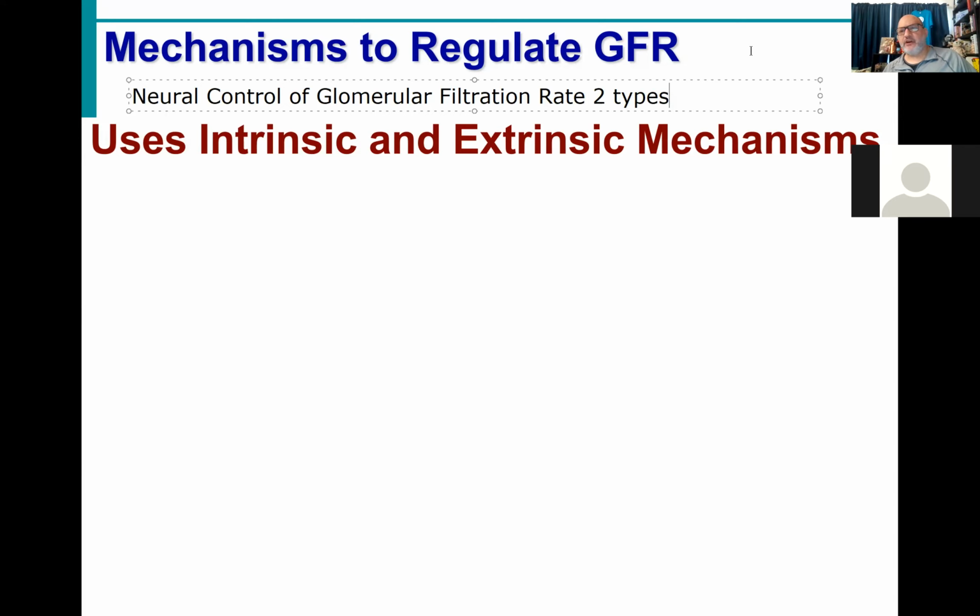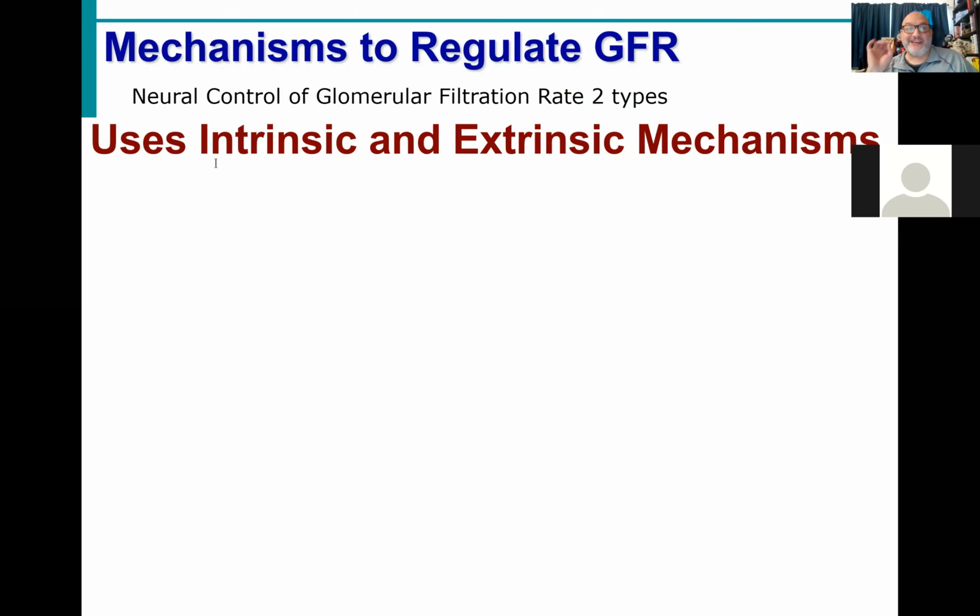Of course, as we know very, very well, intrinsic refers to within the organ itself, whereas extrinsic means that it is going through the central nervous system. And because we're talking about the urinary system, it's coming out the autonomic. Again, shouldn't be any surprises to that.